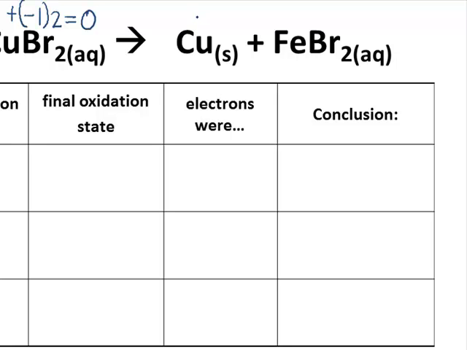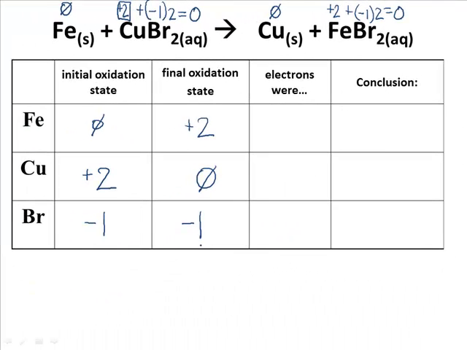On the product side, copper's not bonded to anything, so its oxidation state is 0. On the product side, bromide is still a -1, and the iron that it's now bonded to must be a +2, because overall I know that final product, iron bromide, must be neutral. So my iron ends with a +2 oxidation state, my copper has a 0 oxidation state, and my bromide is unchanged.